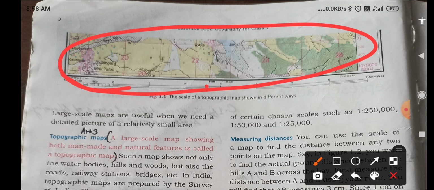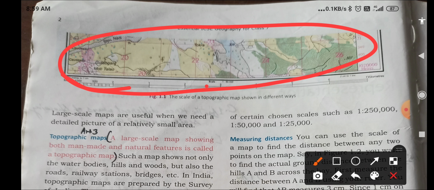Here it is showing both man-made and natural features. Natural features are things like trees and mountains. Man-made features are examples like temple, church, mosque, railway station. So whenever we show both things on a map, it is known as a topographic map.